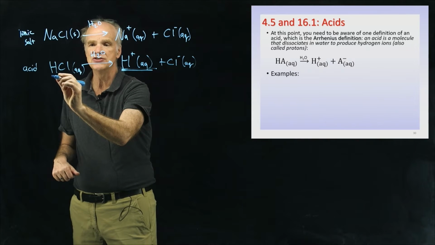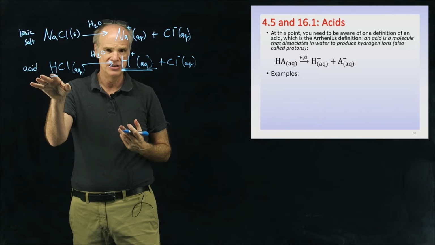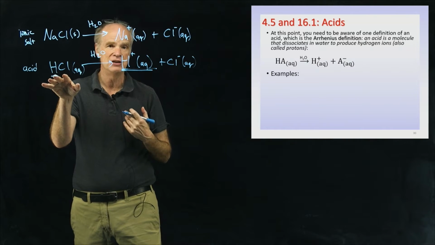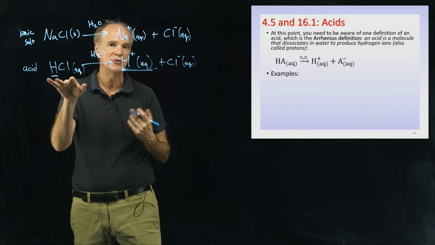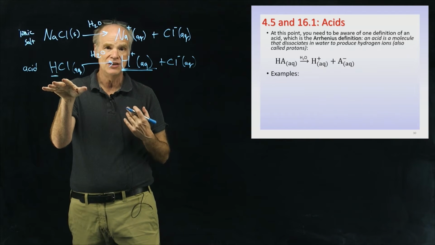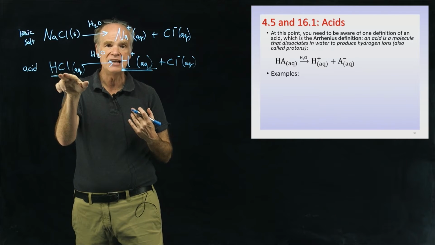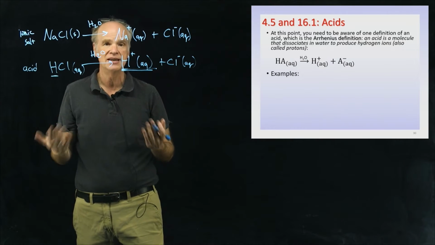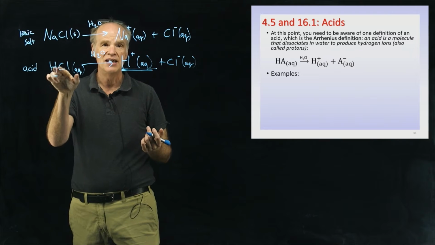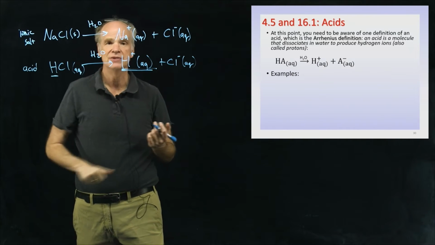One of the things you'll see in all acids is that they have some hydrogen in them. Sometimes it's one hydrogen, sometimes it's two, sometimes it's three. But usually, to indicate that you're dealing with an acid, most chemists write the H in the formula first, to indicate that this hydrogen ion can dissociate off the anion.